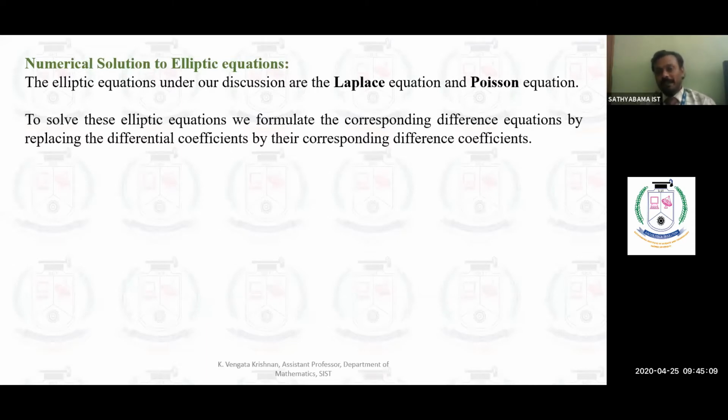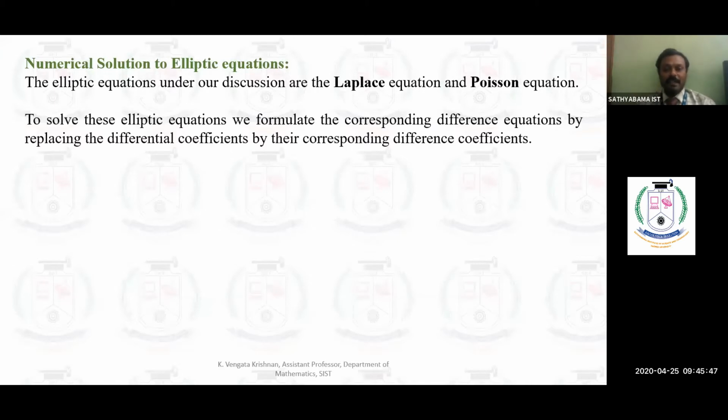We'll replace the differential coefficients with the help of difference coefficients. Suppose z is a function of x and y, then the partial derivative ∂z/∂x is going to be the limiting case of f of x plus h comma y minus f of x comma y, divided by h. So that can be expressed in terms of a difference coefficient. Such things are available in any basic material related to PDE.